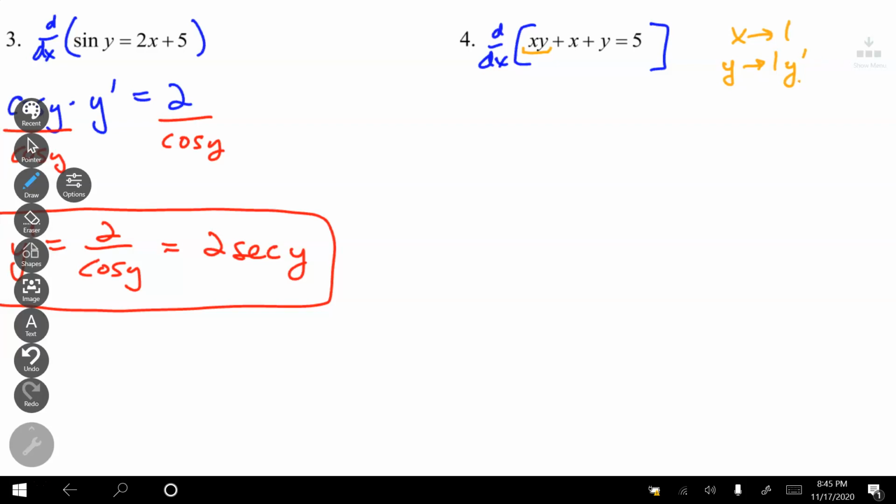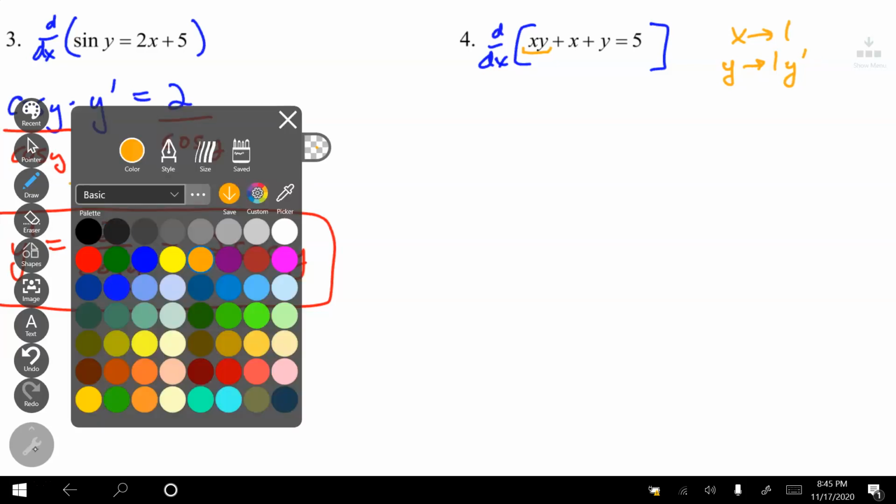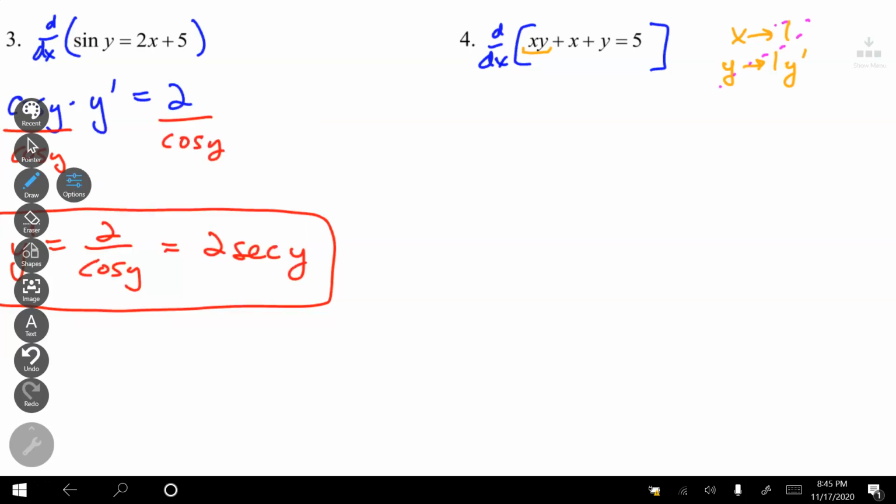I'm going to use y prime notation, and I do my crisscross. I do this way first. And I get this is equal to 1y plus the other crisscross is 1xy prime. That is the product rule of this, plus derivative of x is 1, plus the derivative of y is 1 y prime, and then the derivative of 5 is 0. So this part was the product rule.